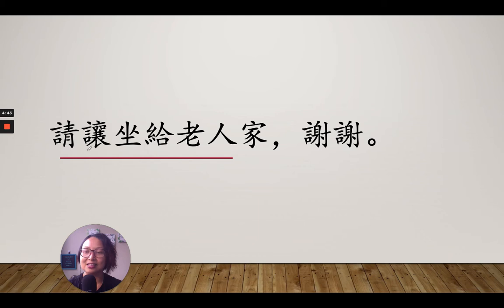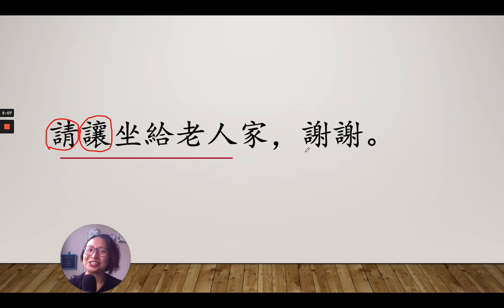And let's see. Okay. I think you can find the 請 with the 言字旁, right? And the next word, 讓 also has the 言字旁. You found them, right? Any more? Let's keep looking.